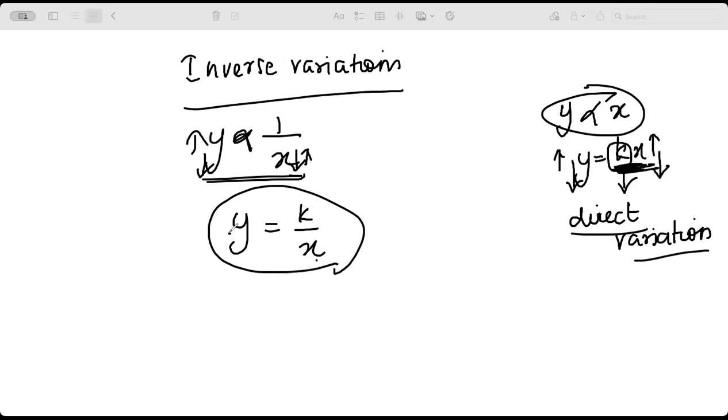So any input output, any two quantities, let's say input and output vary inversely. That means if x increases, y decreases, y decreases, x increases. So it's the opposite.